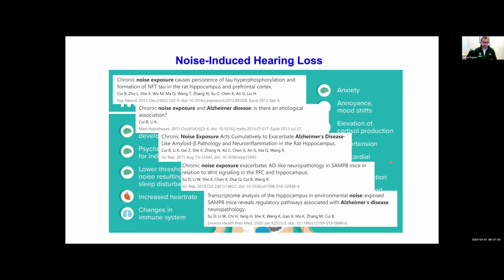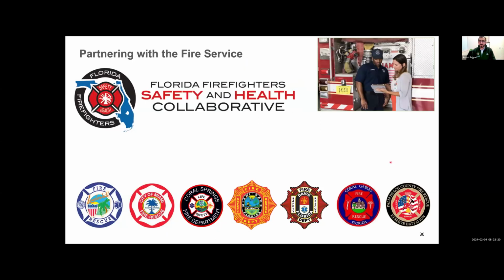We're starting to understand a lot about some of the mechanisms too. We're showing it in an animal model, but this has also been shown in human studies. In patients who have Alzheimer's or dementia or similar neurocognitive decline, there is a significant exacerbation of neuropathologies from hearing loss early on.